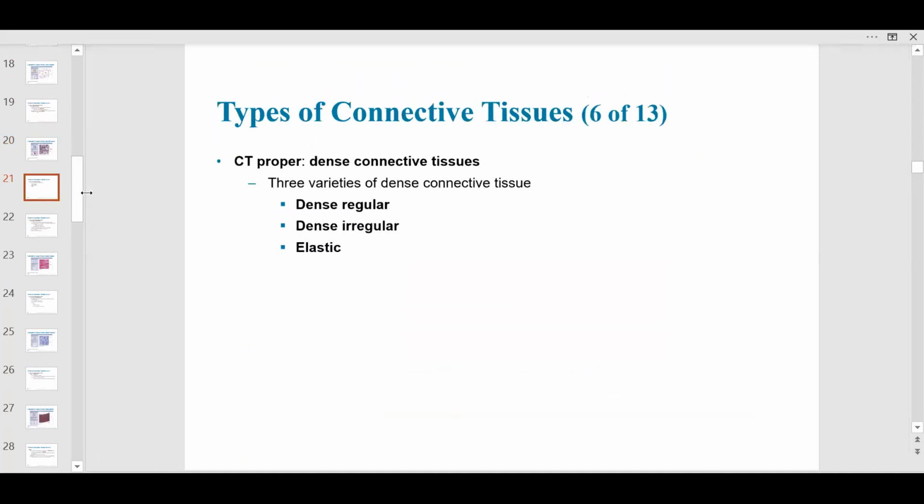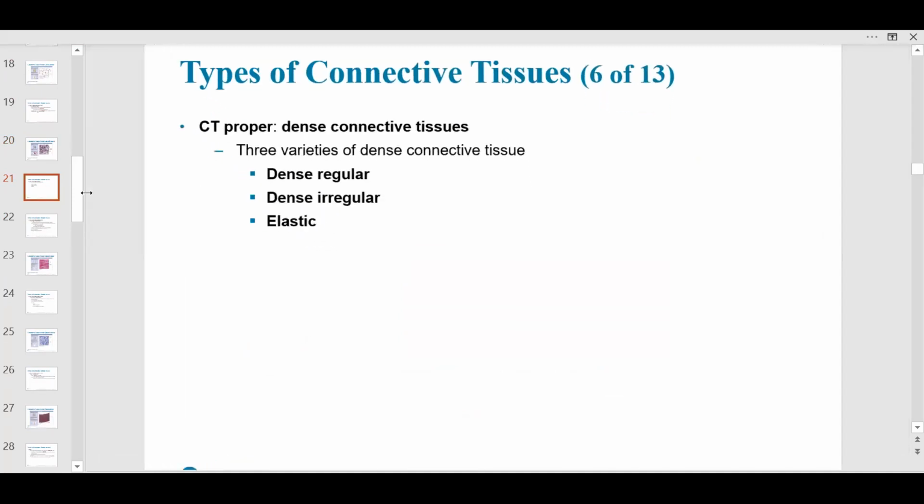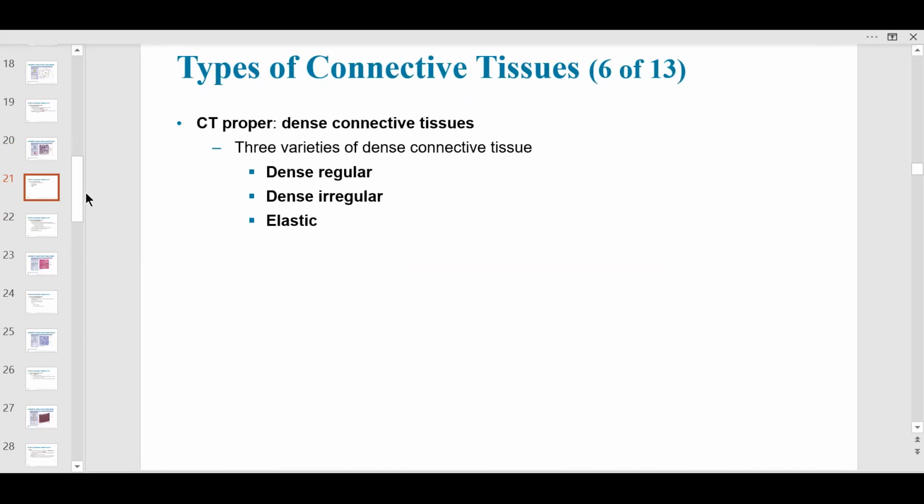So here's the CT proper, dense connective tissues. Dense regular, remember, is your ligaments, which connect bone to bone. Your tendons connect muscle to bone.